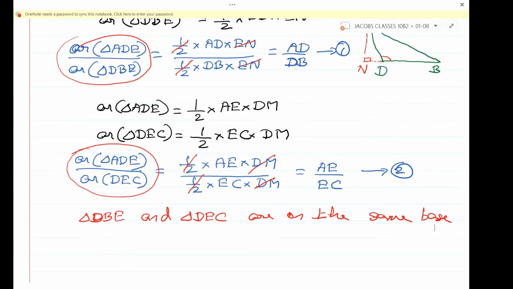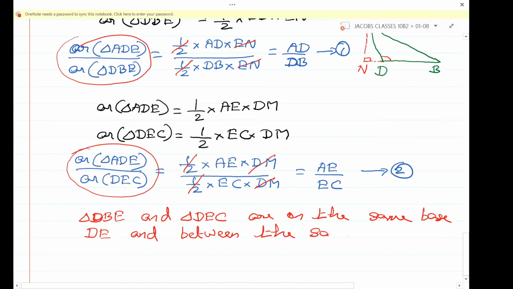What is the same base, children? Same base DE. Okay, I will write same base DE and between the same parallels BC and DE, right?